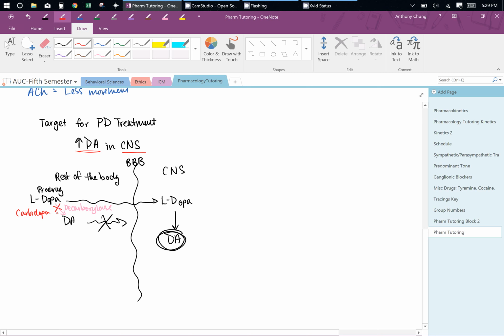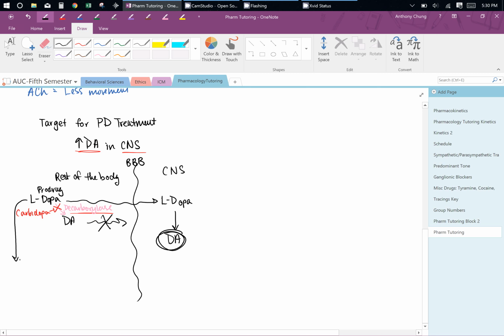Okay, so carbidopa will inhibit the decarboxylase from converting levodopa into dopamine in the periphery. So we don't want that to happen since dopamine can't cross in the first place. Okay, and then there are some other ways that L-dopa can be converted to other things.